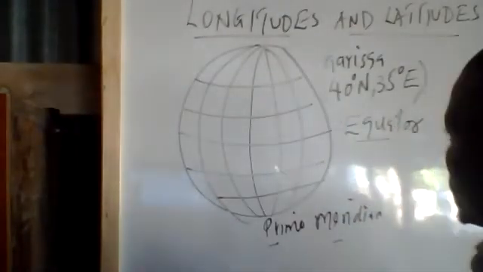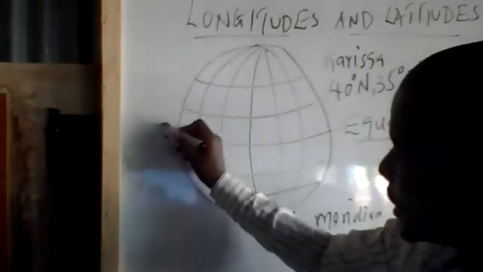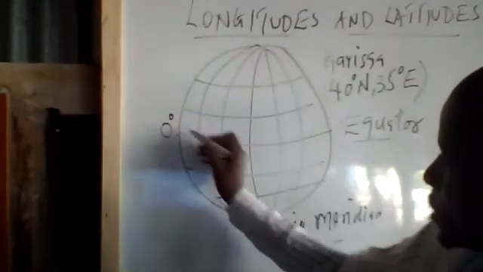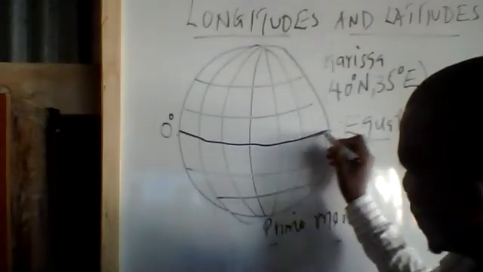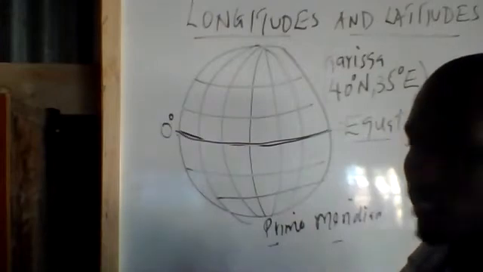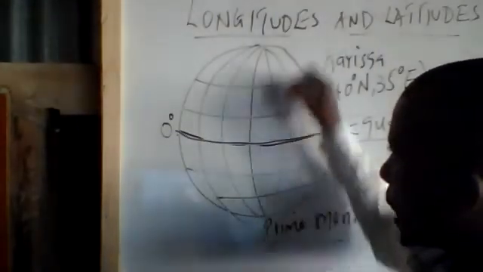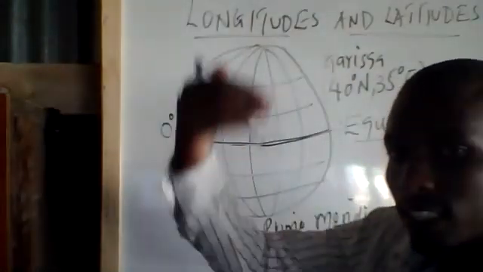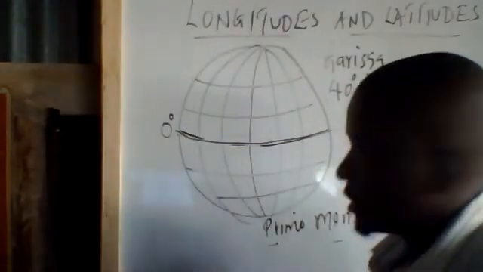So we said this particular line is starting from the equator. The equator is situated at 0 degrees. Moving upwards, we increase the degrees one by one from 0 to a maximum of 90 degrees.